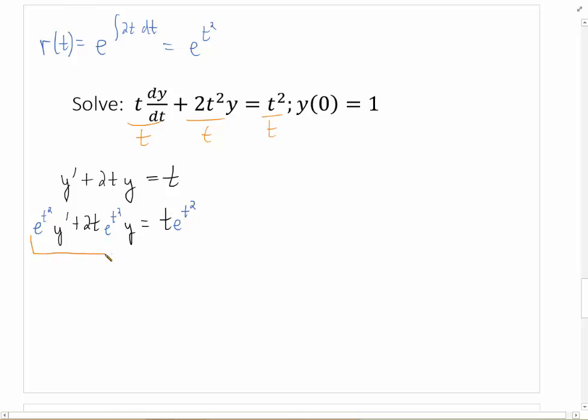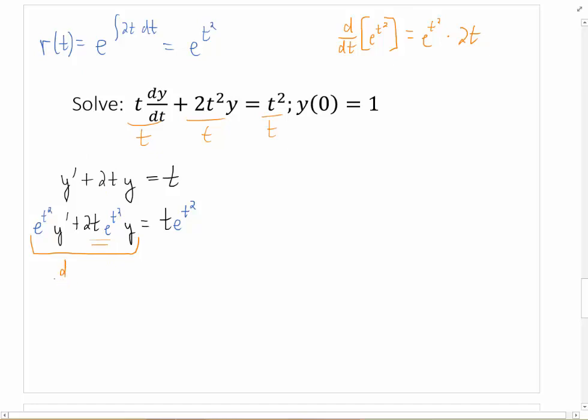Let's see, what's the left-hand side? Does that work? Let's think of the product rule. What's the derivative with respect to t of e to the t squared? Let's see. The derivative of e to a power is e to the power times the derivative of the power, times 2t. And notice that that 2t e to the t squared shows up here.